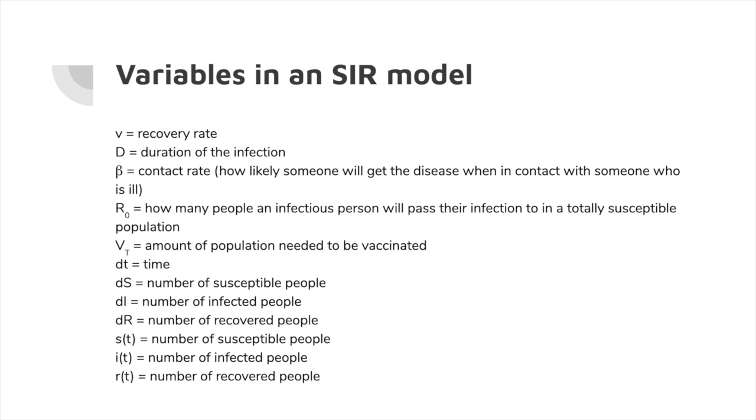I'll get to this later, but V and beta are the two things that you actually put into the SIR modeling technology, but the other variables contribute to and help solve for those two values. And then the two values that you don't solve for but that I've researched are D, the duration of the infection, and R of O, which is how many people an infectious person will pass their infection to.